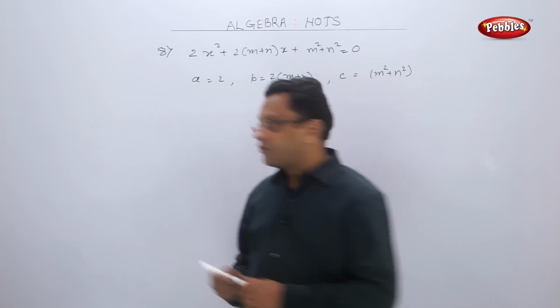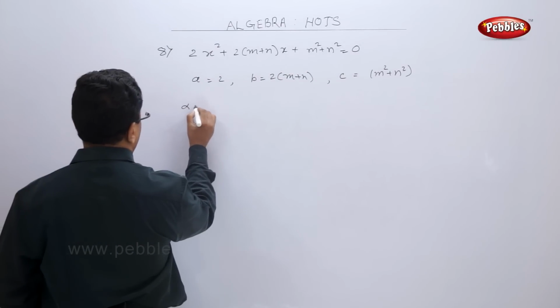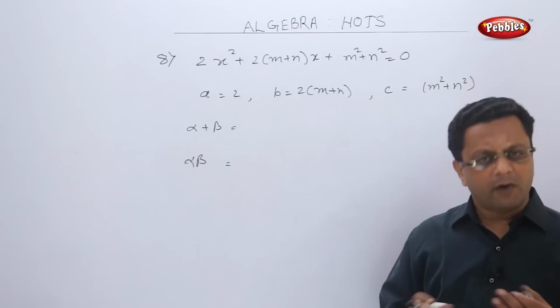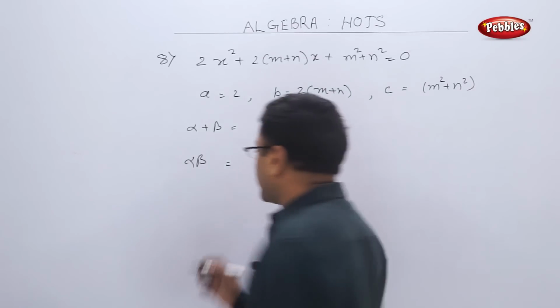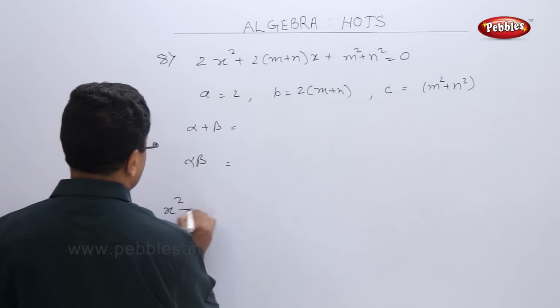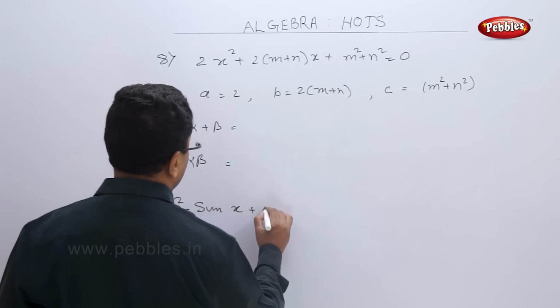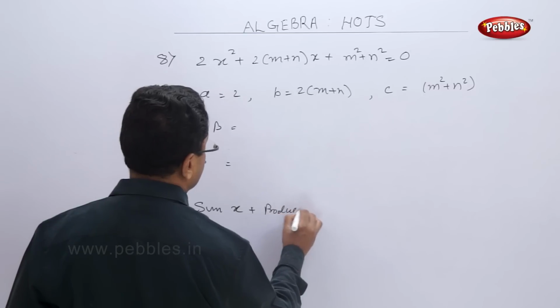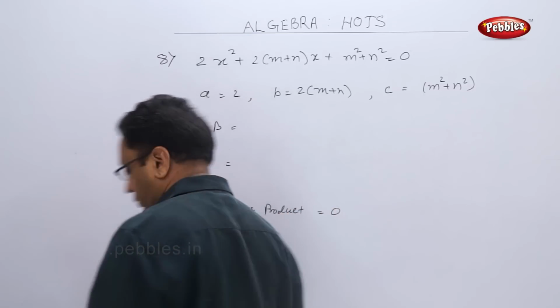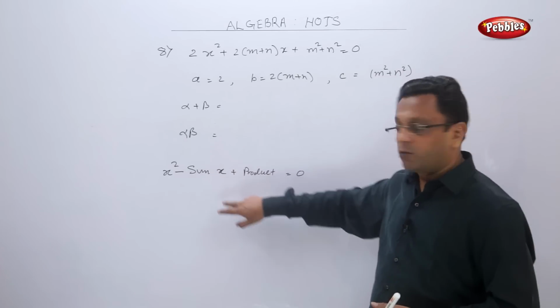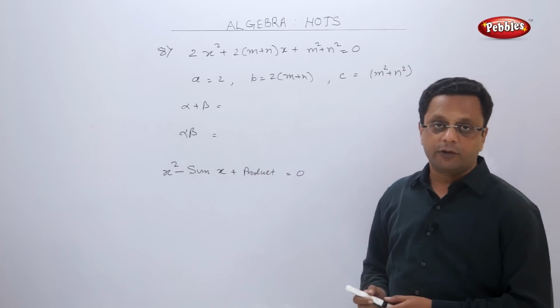Now first let us find out alpha plus beta and alpha beta. Why do we have to find this? Because it is very simple. We know that the quadratic equation is x² minus sum of the roots into x plus product of the roots equal to 0.